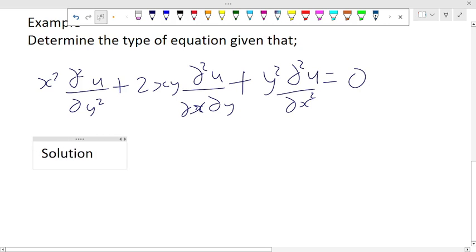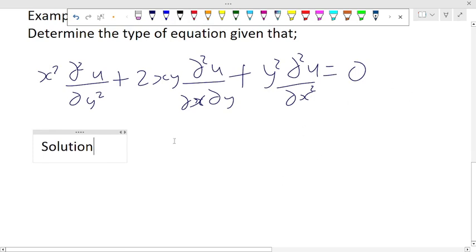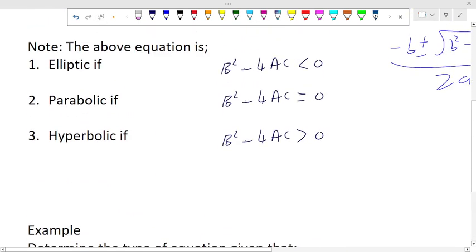Solution. When presented with a partial differential equation like this, and we are asked to determine if it is elliptic, parabolic, or hyperbolic, it's very simple. All we have to do is carry out this test to check if b squared minus 4ac is less than 0, equal to 0, or greater than 0.